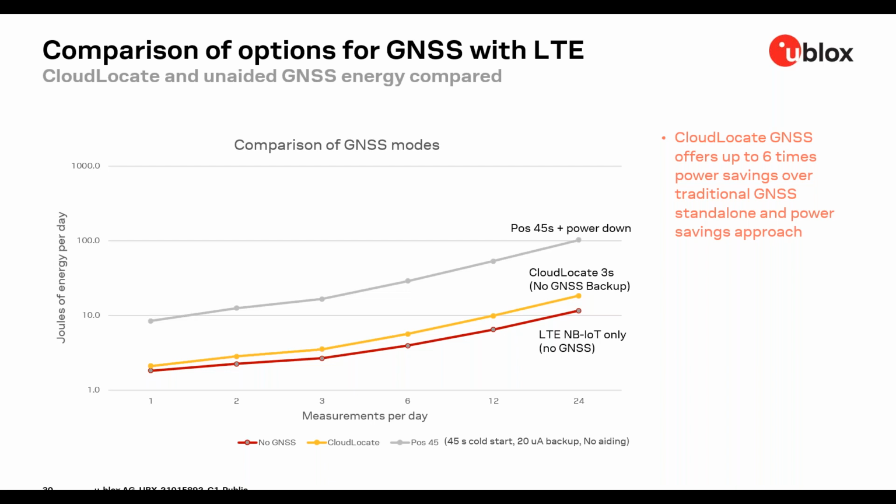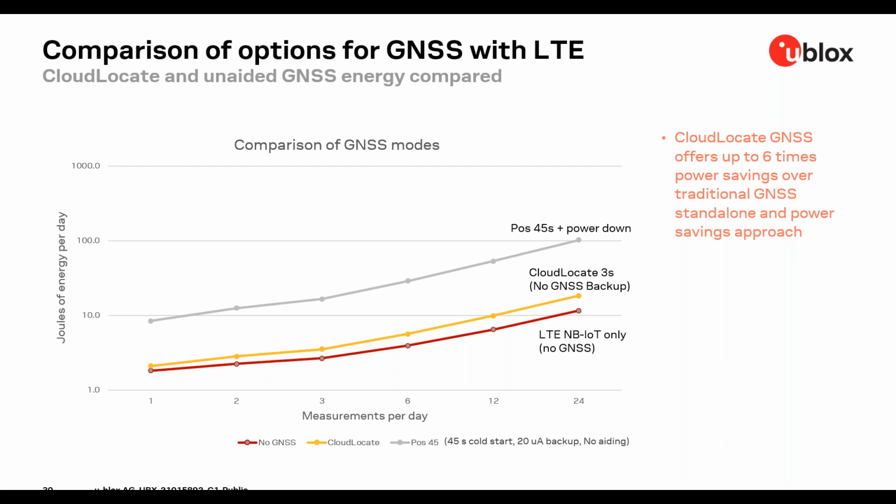And on top of that, the green line, we have a traditional GNSS position technology. And you see that the power consumption goes much higher. So there is indeed the saving in terms of battery usage when using the CloudLocate solution.